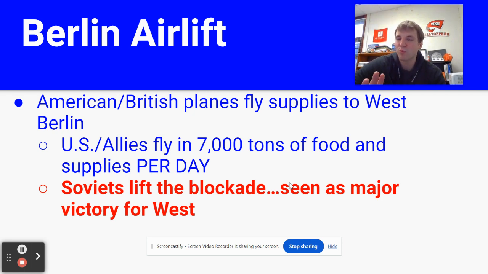Obviously, we're on the heels of World War II, and nobody wants it to escalate into the horrors and the terrors that we have seen. I mean, especially the Soviets. You're talking about an unseen amount of death and destruction that the Soviet army endured. They don't want to do that again. So the second that the American planes and the British planes are flying into West Berlin, the Soviets think about doing something. They don't. And ultimately, the Soviets end up lifting the blockade, and this is seen as the first major victory for the Western countries, okay, and for capitalism.